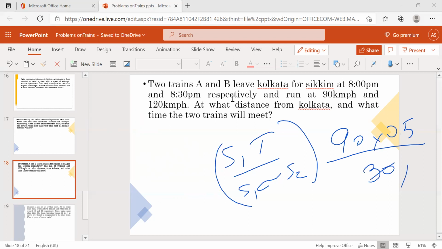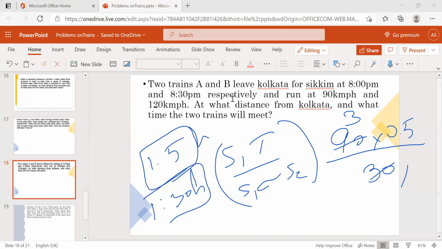So 3 into 0.5 is 1.5 hours. Clear? That's nothing but 1 hour 30 minutes. They will meet each other after 1.5 hours.